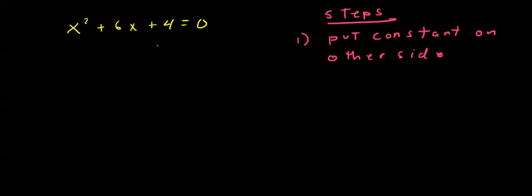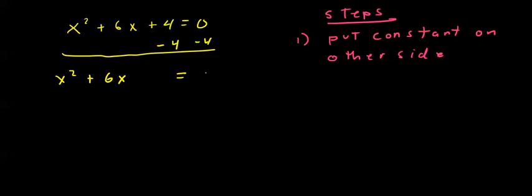So we're going to subtract 4 from both sides. X squared plus 6x equals negative 4. We're going to leave a space right here. I'm going to put a little line here and here, because I'm going to add something to both sides.